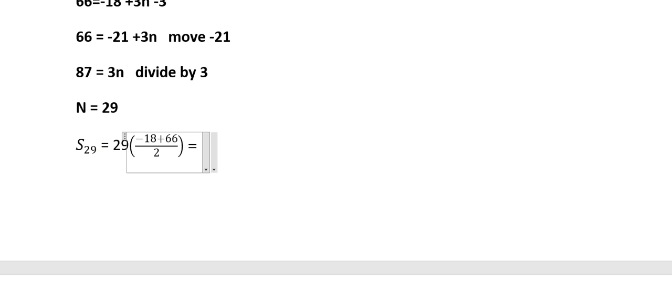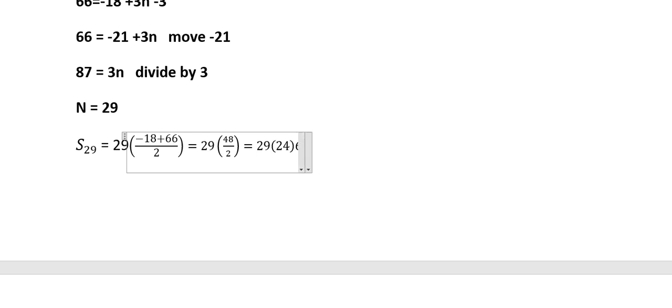So this will be 29 times 66 minus 18, so that's 48 over 2. I'll just write it that way. And that equals 29 times 24.